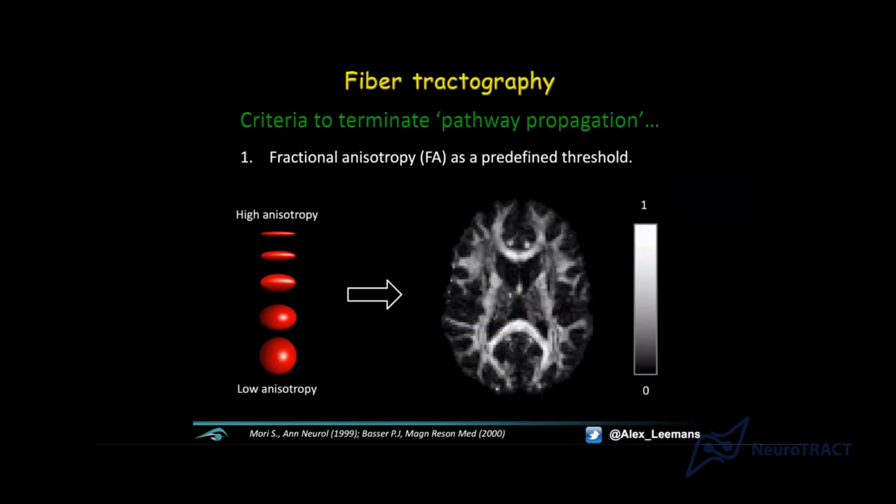Okay, now let's focus on the first parameter, the FA threshold. So we've seen this slide before. If I threshold at 0.2, this is what you get. Everything below 0.2 is left in black and white, but everything above 0.2 is given a kind of reddish hue. If I increase the threshold, then obviously you'll see that less and less remains, right? 0.25, 0.5, and then you end up with this.